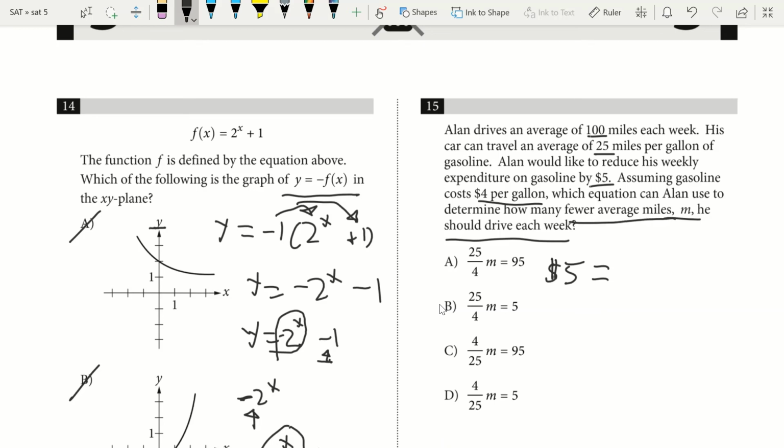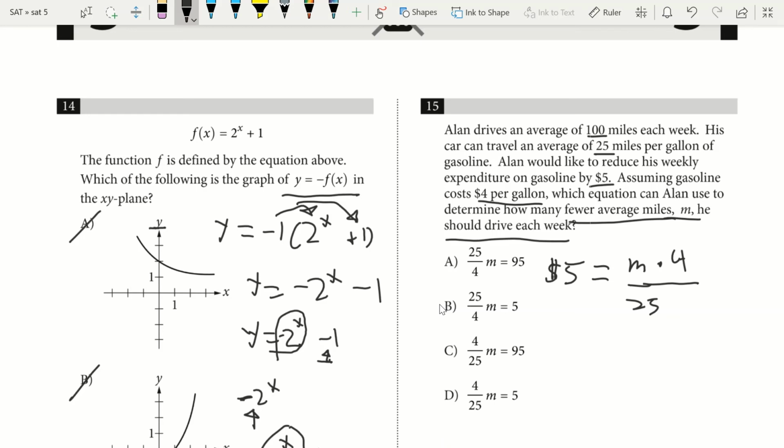Well, his car gets 25 miles to the gallon. So if he drives, we'll say m over 25, right? If he drives 25 miles less, then he's going to save $4, right? Which means that this will get multiplied by $4, because 25 over 25 will be 1. 1 times 4, he's going to save $4 if he decreases his amount of miles driven by 25.